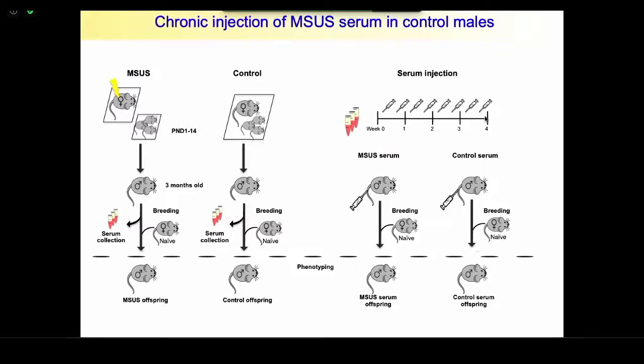The idea was that if serum contains factors which may communicate with germ cells, then after injecting adult males with serum and breeding them to generate offspring, we may be able to see symptoms of trauma in the offspring of males injected with serum.